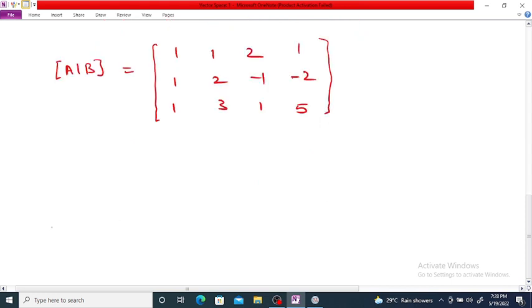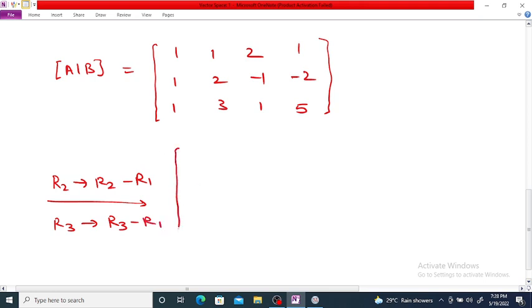To reduce this matrix to row echelon form, we use the row operation R2 is equal to R2 minus R1. That is, we replace row R2 by R2 minus R1 and R3 by R3 minus R1. If we apply this row operation, we get 1 1 2 1, then 1 minus 1 is 0, 2 minus 1 is 1, minus 1 minus 2 is minus 3, and minus 2 minus 1 is again minus 3.